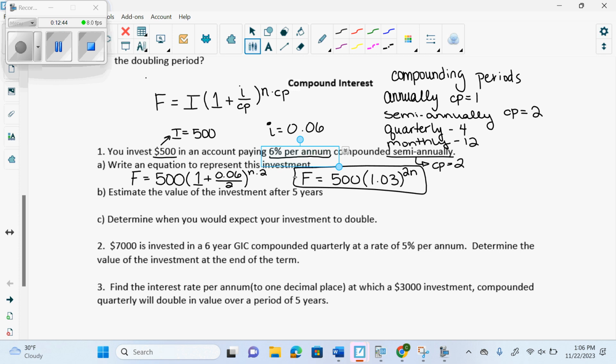Now it wants you to estimate the value of the investment after 5 years. What did they give me now? N. So we have F equals 500, bracket 1.03, and then 2 times 5, which is really just 10. So everyone's typing it in.